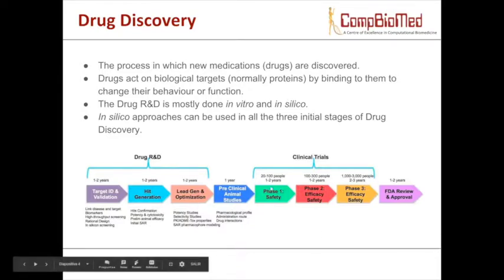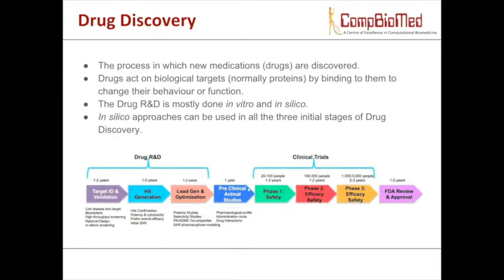Then comes the testing part, the clinical trials, which start with a preclinical trial using animal subjects. And then we go over the clinical trials on humans to test efficacy and other effects that the drug may have on human beings. After that, the drug is approved and released on the market for its usage.